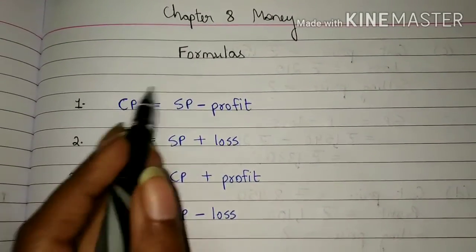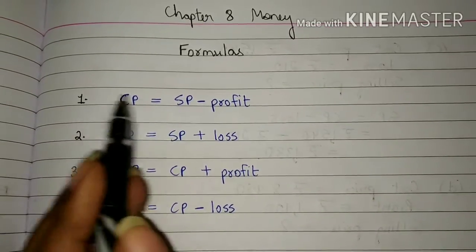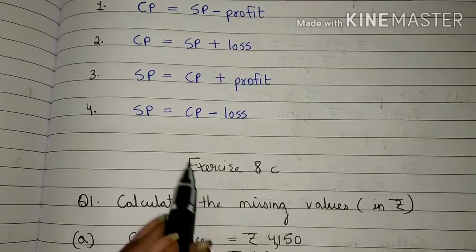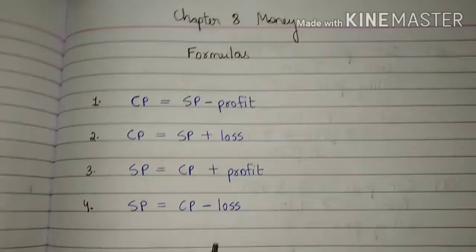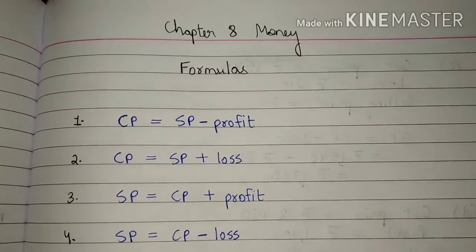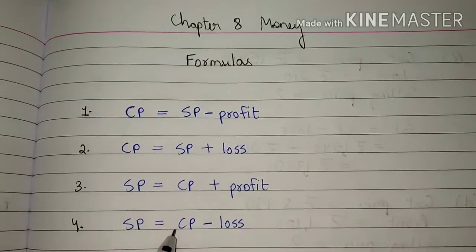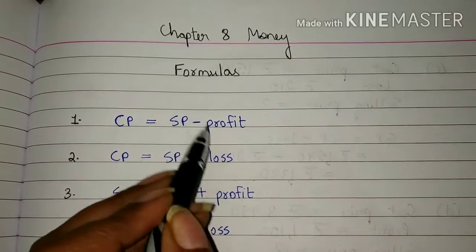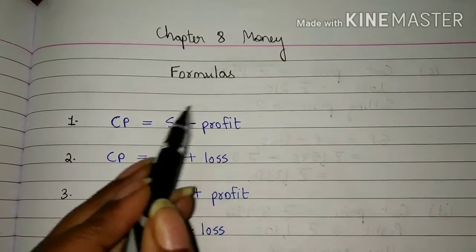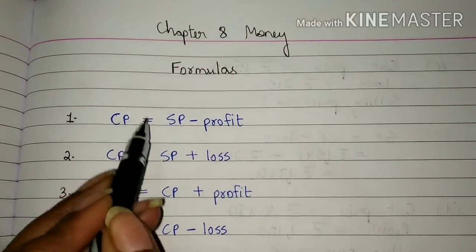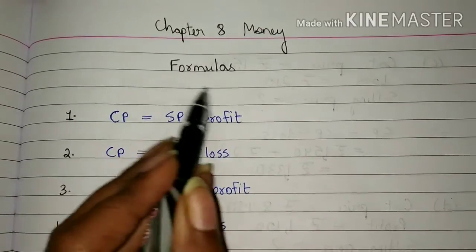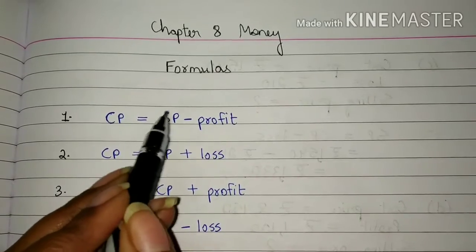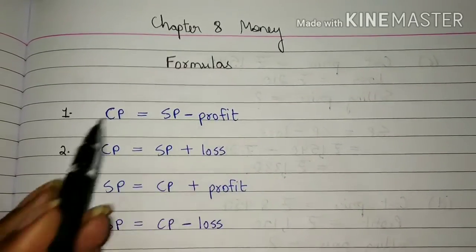Students, these are the formulas which you have to learn before solving question number 1 of exercise 8C. Now students, how will you use these formulas? When selling price and profit is given and you have to find out cost price, then you will use this formula: cost price is equal to selling price minus profit.